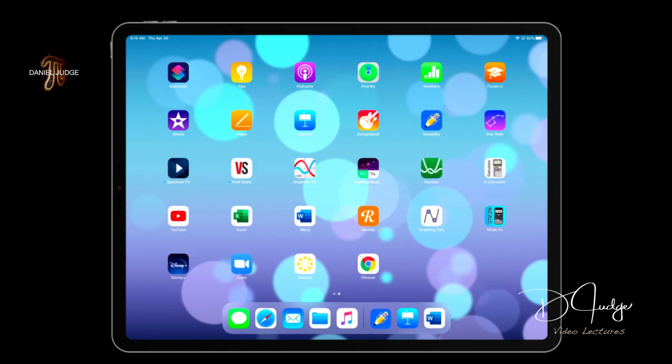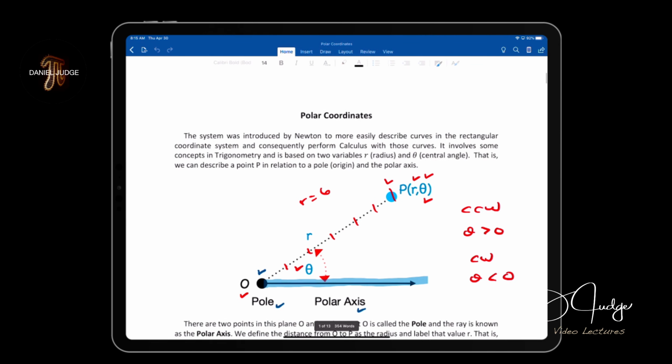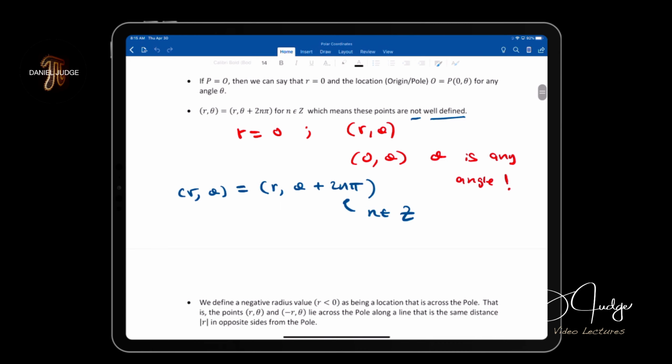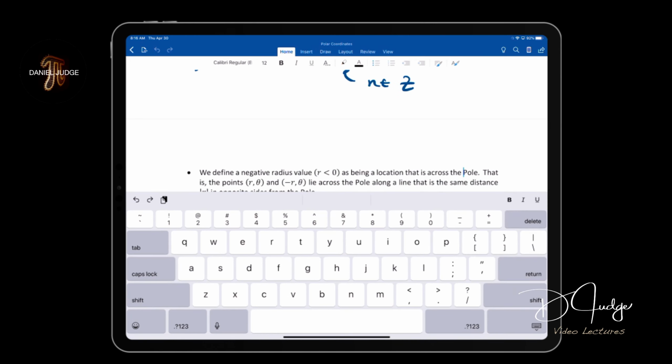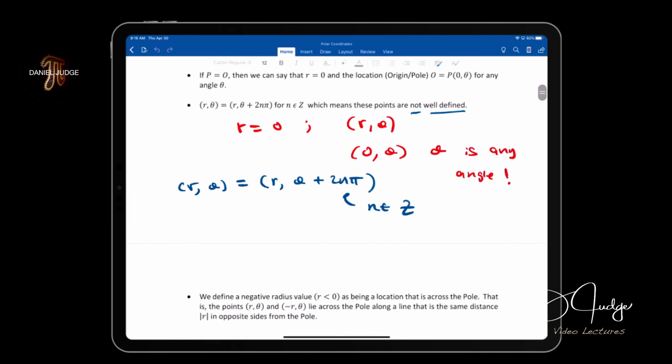Now, the origin is also not uniquely defined because theta can be anything. Theta could be any value.